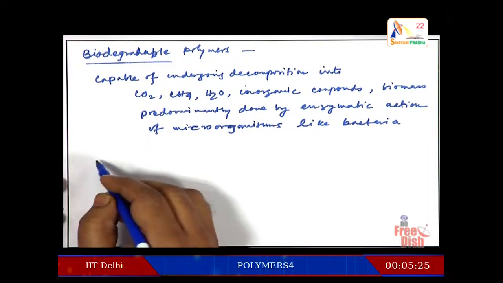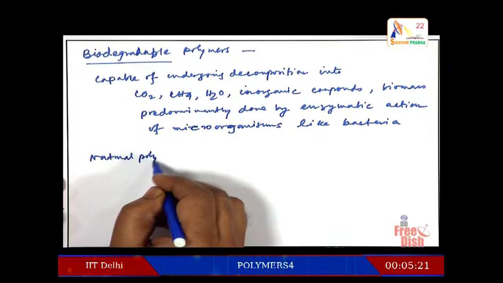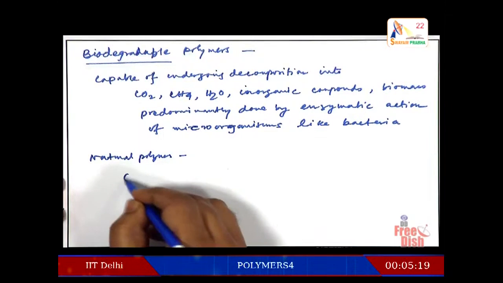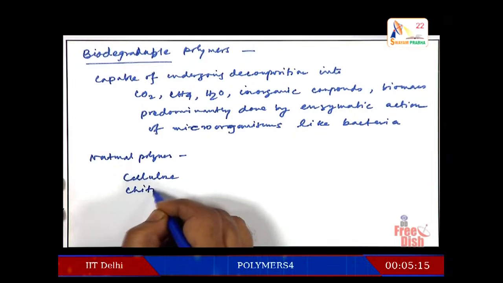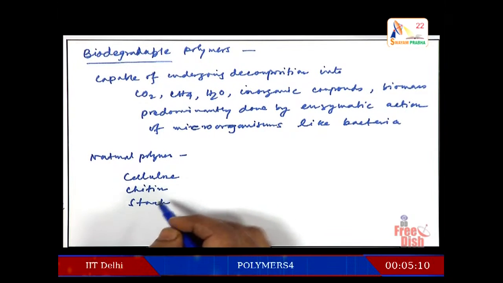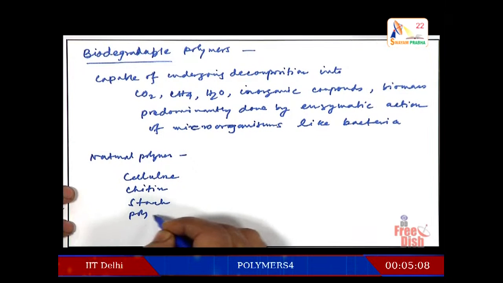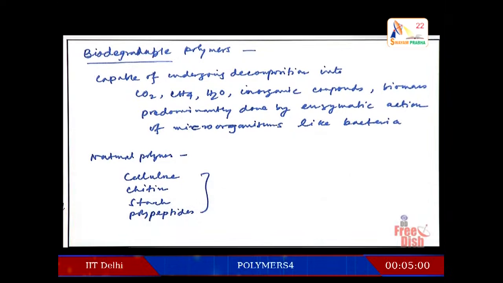And most of the natural polymers like cellulose, chitin, starch, proteins or polypeptides are all biodegradable enzymatically.